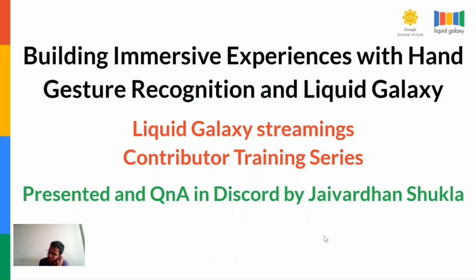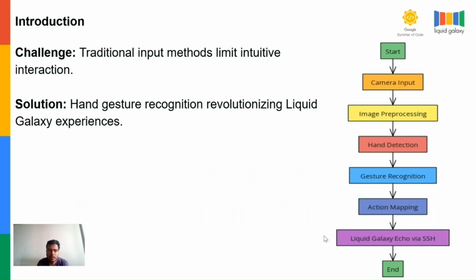Let's dive into this topic straight away. I'm sure everybody might have used hand gesture recognition at least once or twice in their life in various applications. So we know how a typical gesture recognition system works from a development point of view. The main challenge associated with traditional inputs is that they limit intuitive interaction with the user.